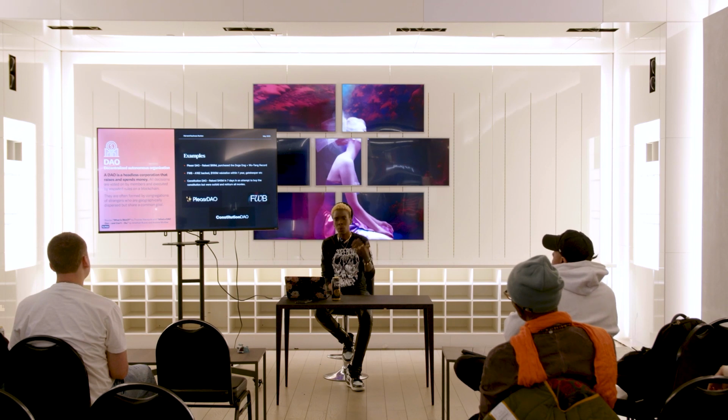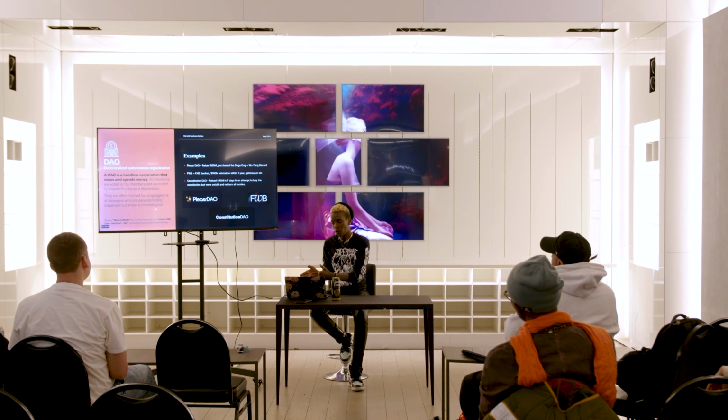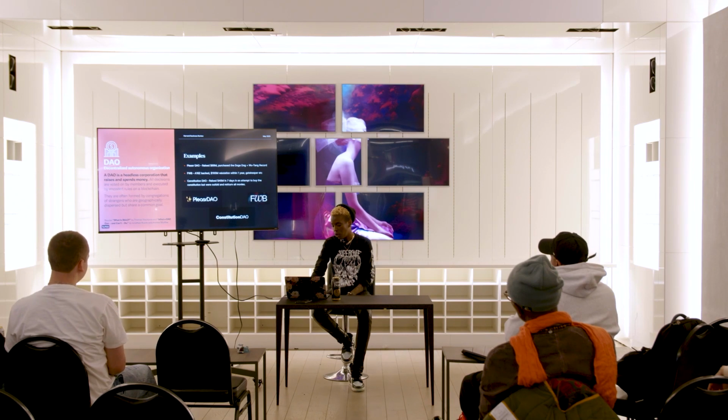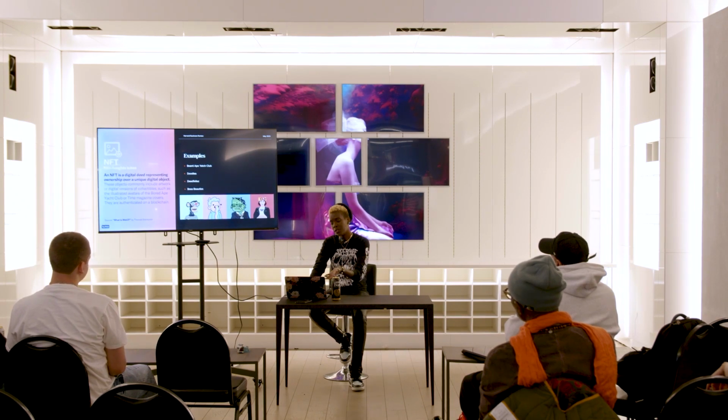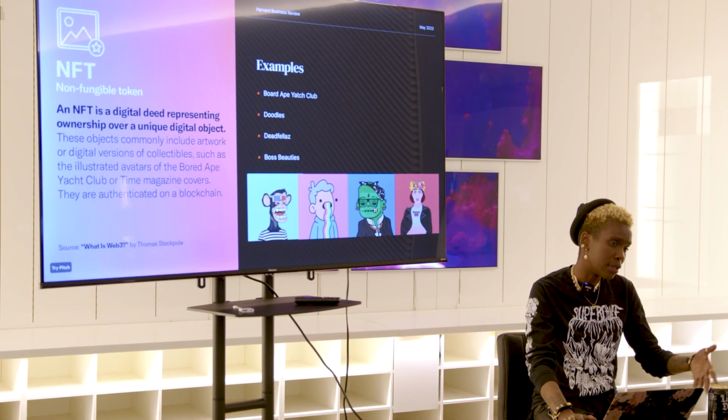And when it comes to governance and decision making, you can set a date at which all of the folks who are in your social club have an opportunity to vote. And going back to the earlier slide on NFTs, these NFTs can also sometimes be used as governance tools.